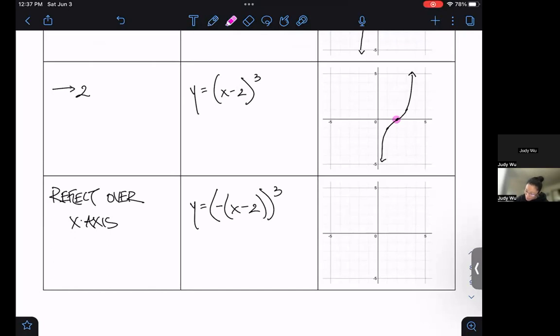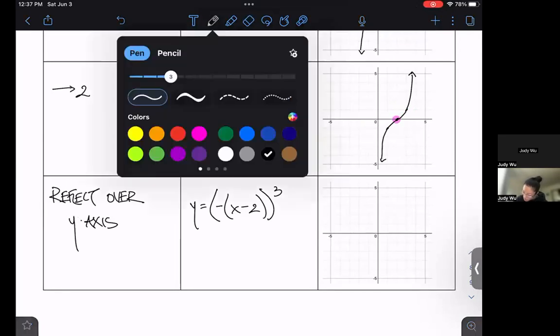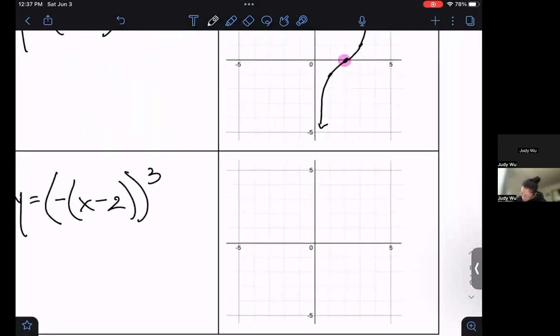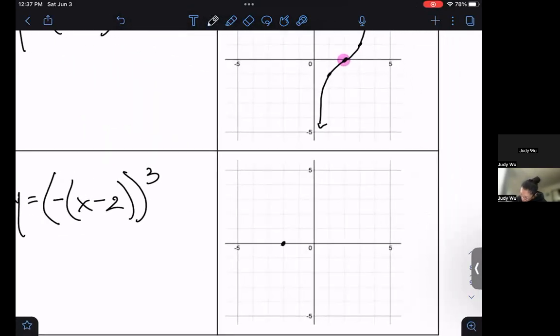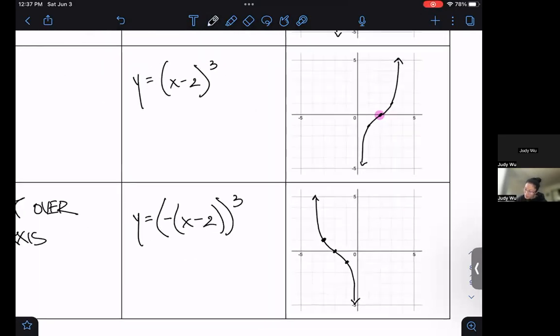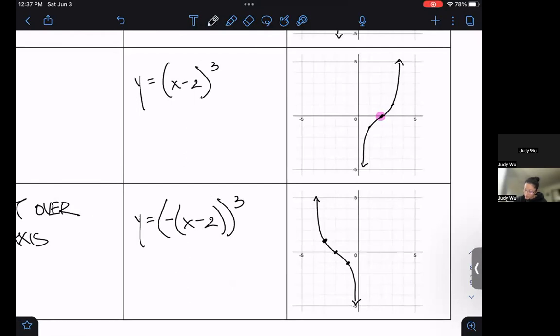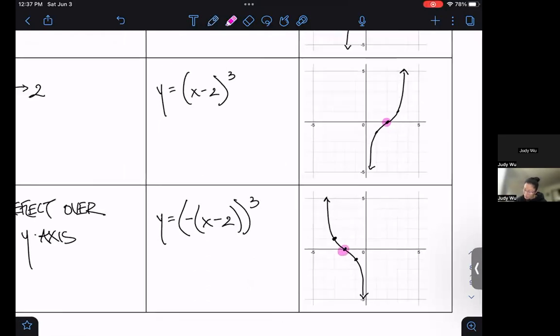And that means that this pink point is now going to be on the other side of the, I meant to write y-axis, other side of the y-axis, all right? So 1, 2, and then here, and then here. And so now it's sort of going from the top all the way to the bottom, right? And this is where that pink point landed.